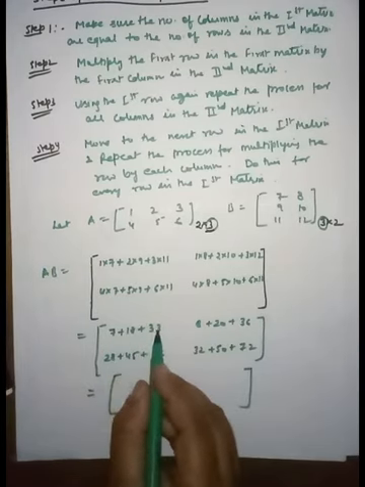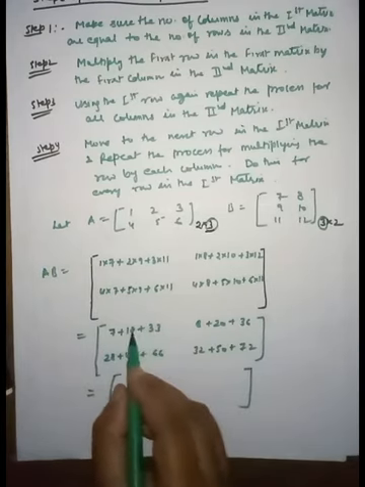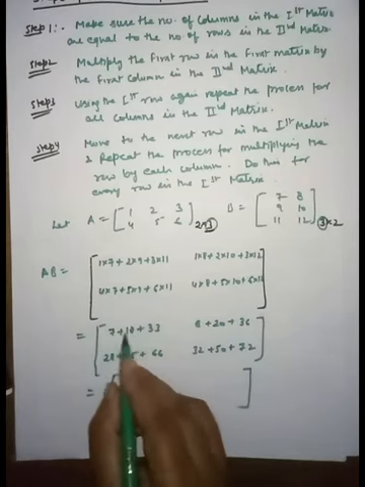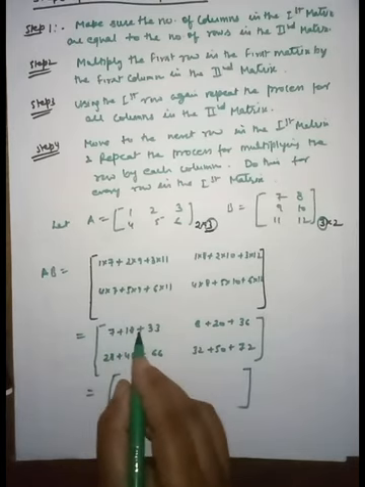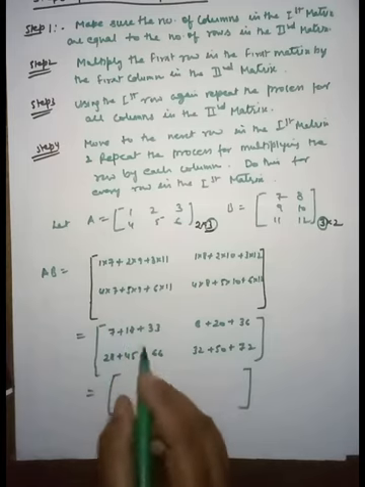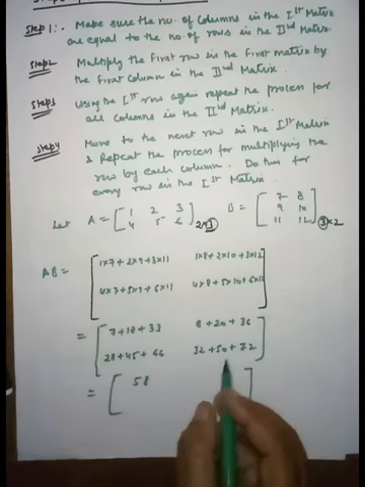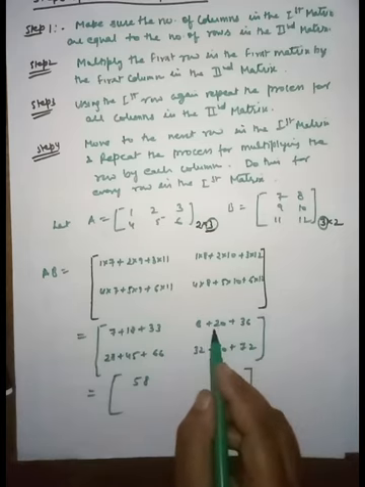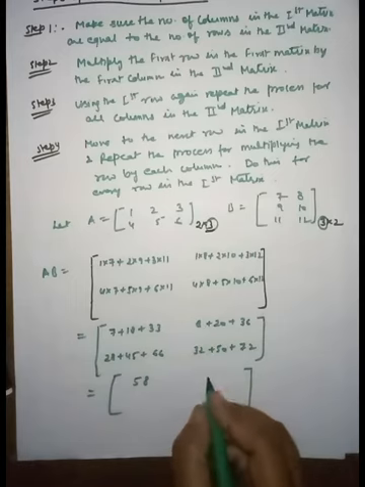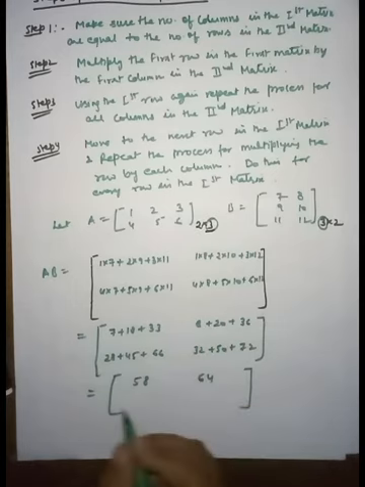So this value comes 7 plus 18 plus 33. 7 plus 3 is 10, 10 plus 18 is 28, 28 plus 33 is 58. This value comes 58. This value comes 8 plus 20 plus 36, it means 56 and 8, this one is 64.